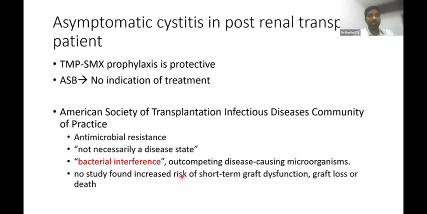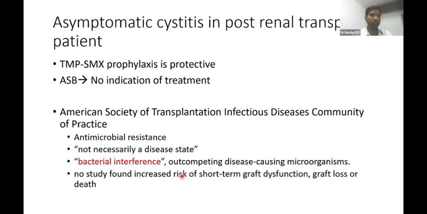So, asymptomatic cystitis in post-renal transplant patients. The cotrimoxazole that the patient receives as prophylaxis itself is protective, but there can be situations where asymptomatic bacteriuria is present in post-renal transplant patients. And the general dictum of the IDSA guidelines of 2019 says that there is no indication for treatment.